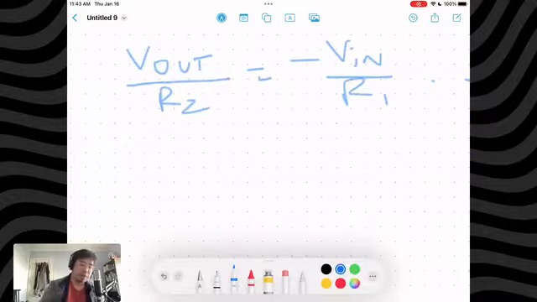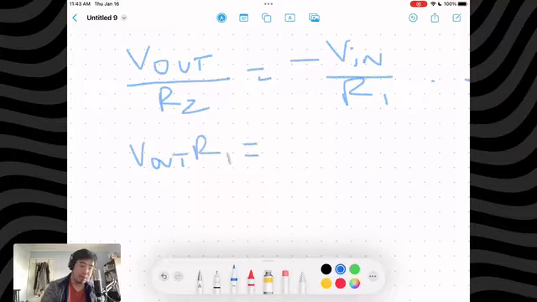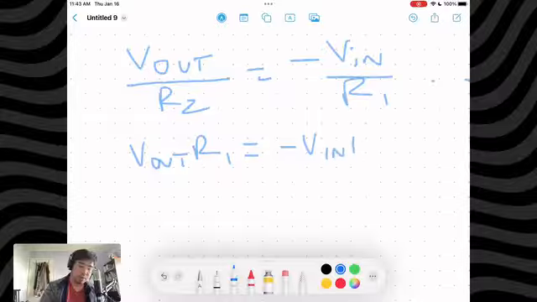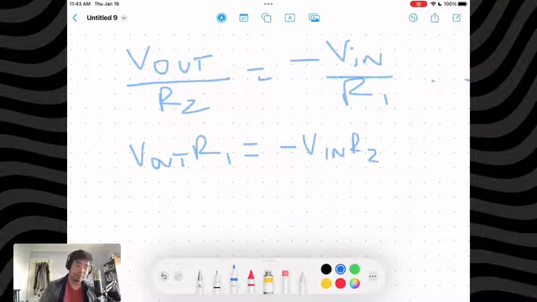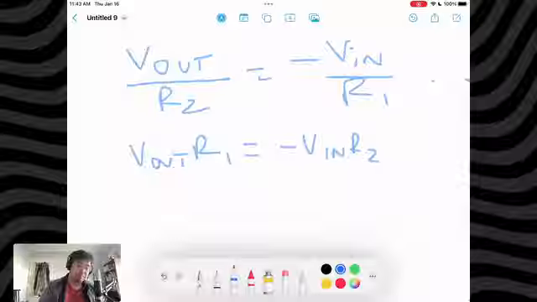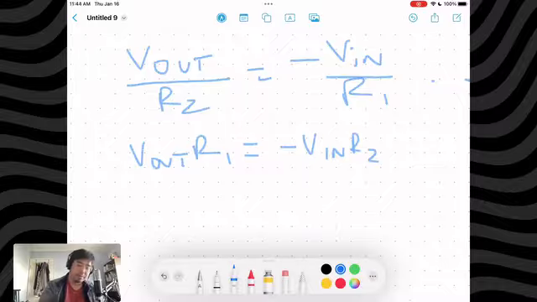V out times R1 is equal to minus V in times R2. Okay? So now we can divide both sides by R1.